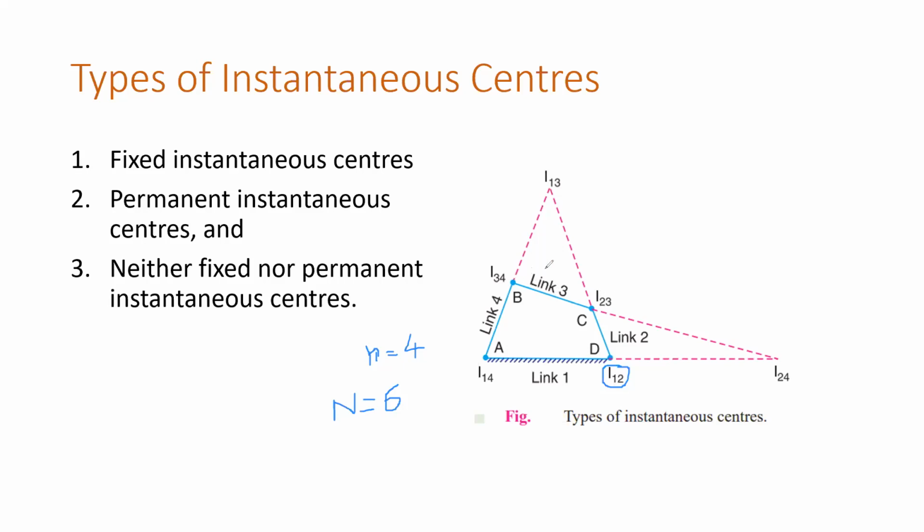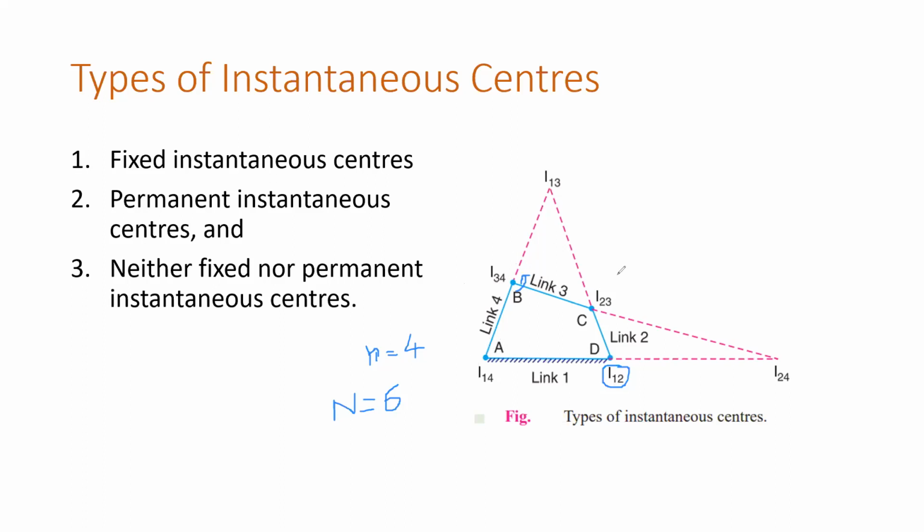Then link 3 and link 4 are connected at this point, so here is I34, where link 3 will turn with respect to link 4. And link 4 is connected to link 1 at I14.